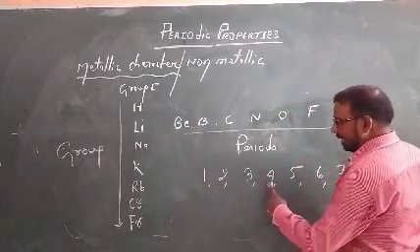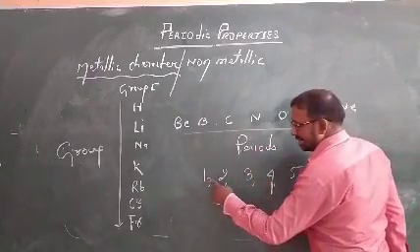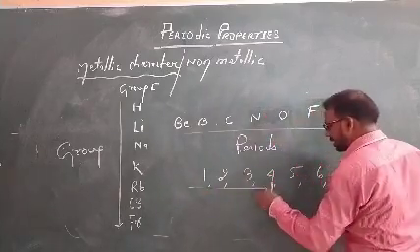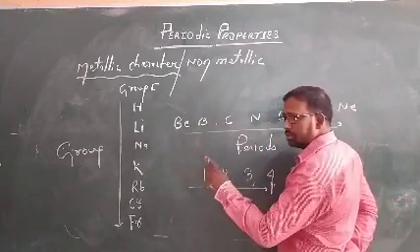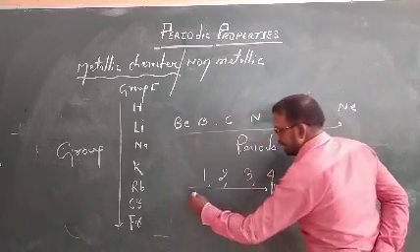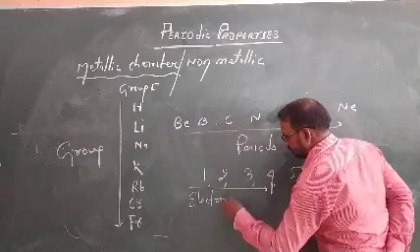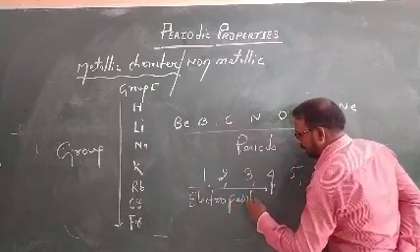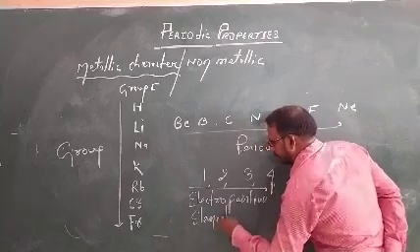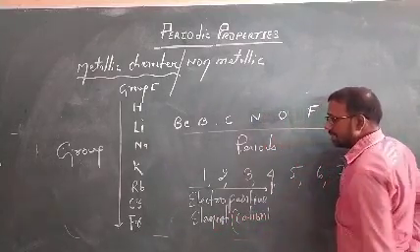Whenever any element has fewer than 4 valence electrons, definitely it will lose electrons, and once they lose the electron, they form electropositive elements, which are called cations. So, it is very simple.